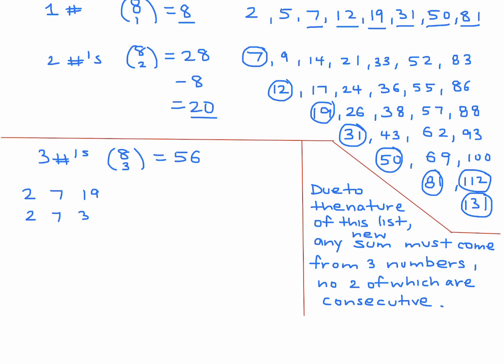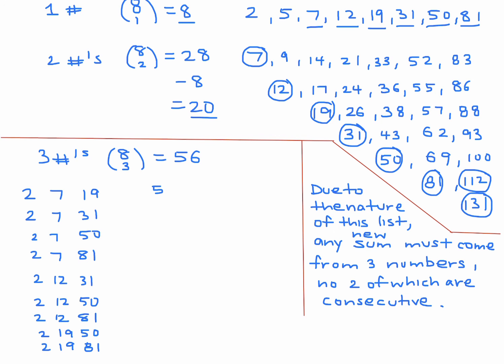So 2, 7, 31, 2, 7, 50, 2, 7, 81. And then very similarly, 2, 12, 31, 2, 12, 50, 2, 12, 81. And then 2, what's the next one? 19, 50, 2, 19, and 81. Okay, we've exhausted the 2's. Let's move up to the 5's.